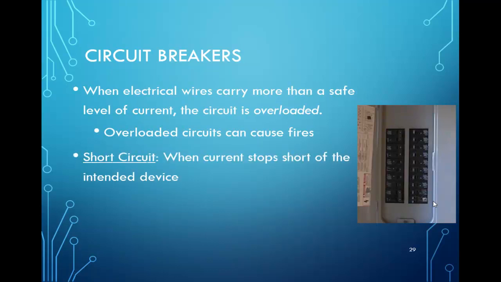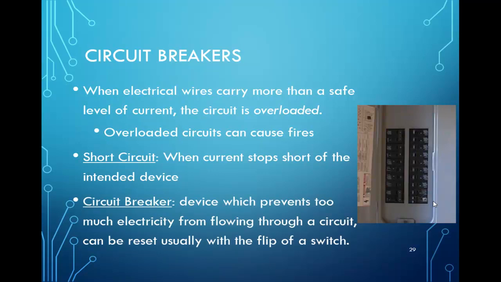Circuit breakers. When electrical wires carry more than a safe level of current, the circuit is overloaded. An overloaded circuit can cause fire. So it is very important to avoid making an overload on one source of electricity. A short circuit is when current stops short of the intended device. So what is the meaning of a short circuit? When current stops short of the device.